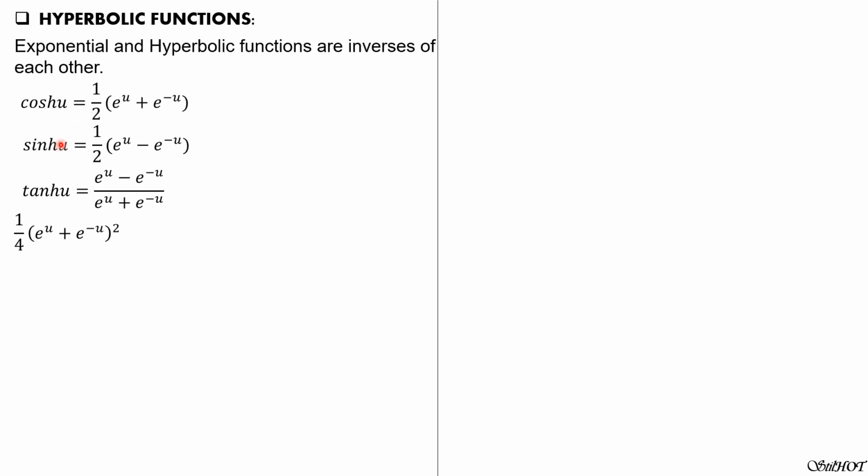Then minus the square of sine hyperbolic of u, which is 1/4 quantity e to the u minus e to the negative u quantity squared. Expanding, this is equal to 1/4 of e to the 2u, then plus 1/4 of the middle term, which is twice the product, and the product of e to the u and e to the negative u is e to the 0 or 1, times 2, so this is 2 over 4, the middle term of this binomial expansion.